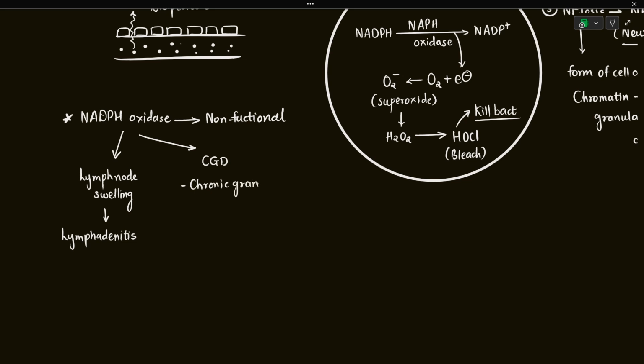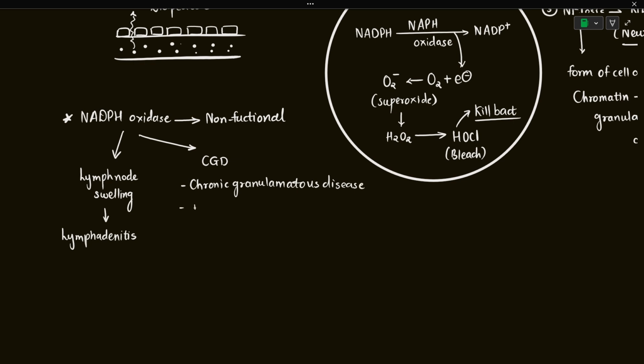Due to hereditary defects, some mutation in the gene received by the baby, by the zygote, it is already non-functional and mutated. So that is going to result in the development of CGD, a really deadly disease.